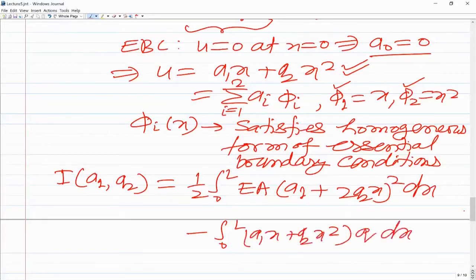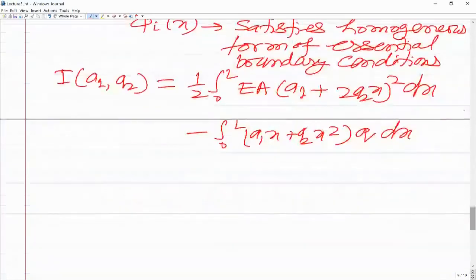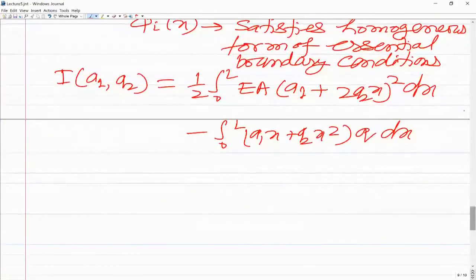You have to integrate this. I'm not doing the integration, so I'm leaving this as a homework problem, and you must complete it. After this you have to square this term and then integrate it with respect to x. Similarly, integrate the other term with respect to x. It's a straightforward thing.